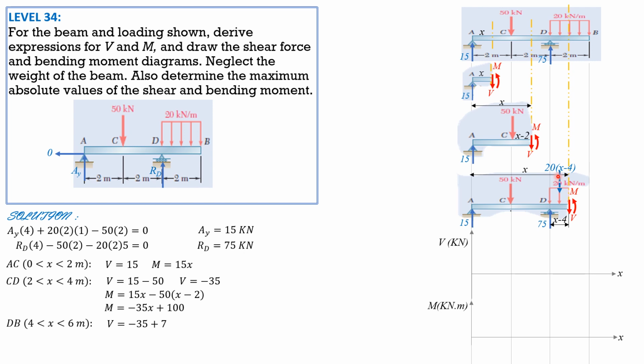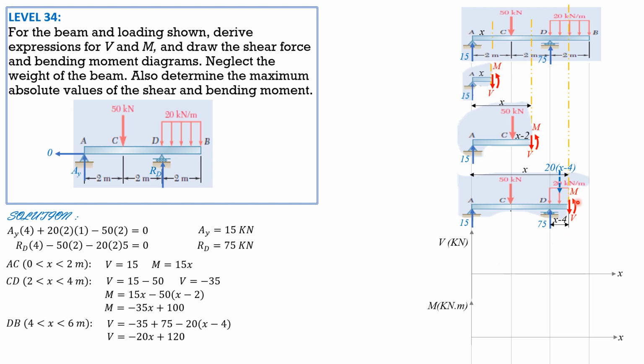So 4 to 6, shear is previous shear negative 35. The new forces here, so plus 75, then minus 20 times X minus 4. So simplifying, shear is negative 20X plus 120.